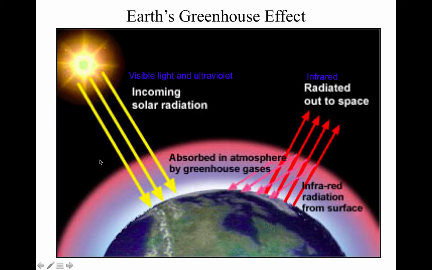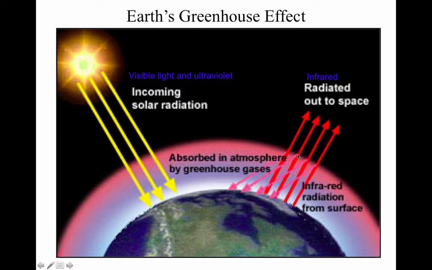So the Earth's greenhouse effect, again, just to put it into an image here: the Earth is absorbing incoming solar radiation, insolation is what they call it, in the form of mostly visible light with some ultraviolet. The sun beats on the ground and makes the ground on the Earth hot, or the water, not so much the atmosphere, but then as the ground and water get warm, they re-release heat in the form of infrared radiation.